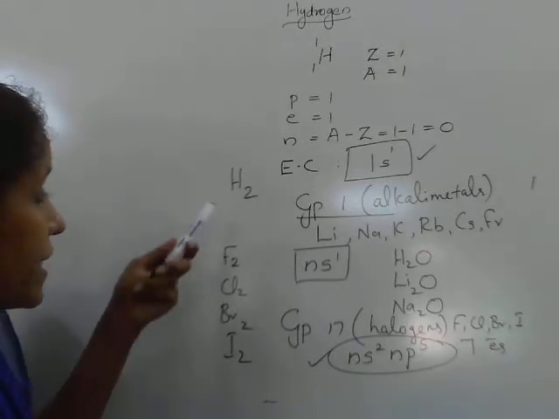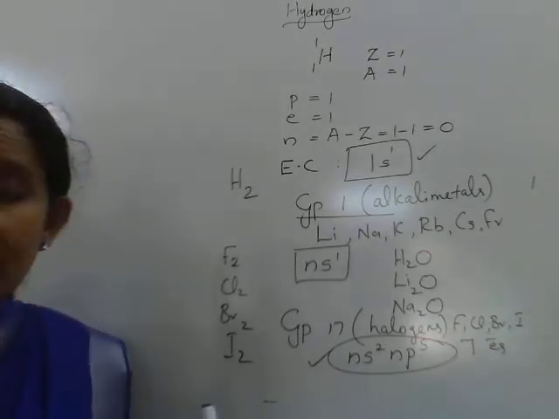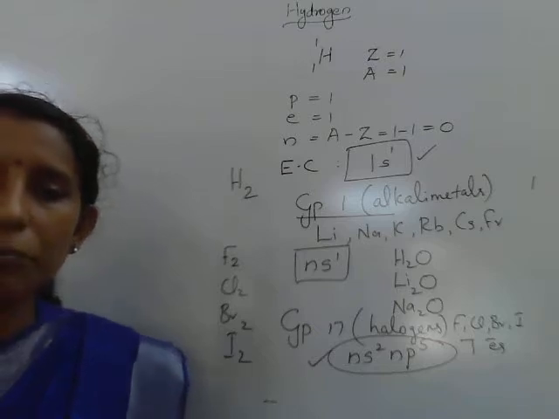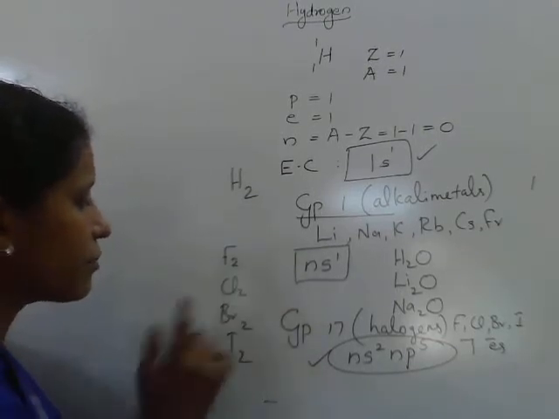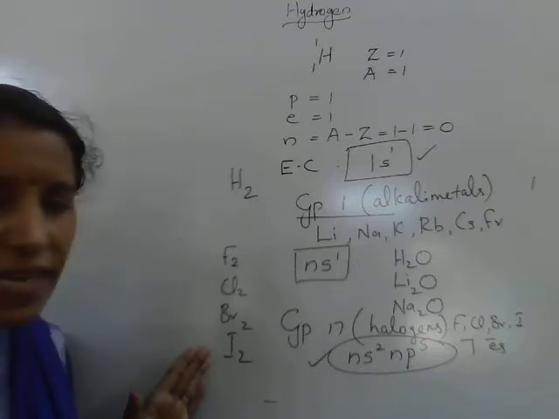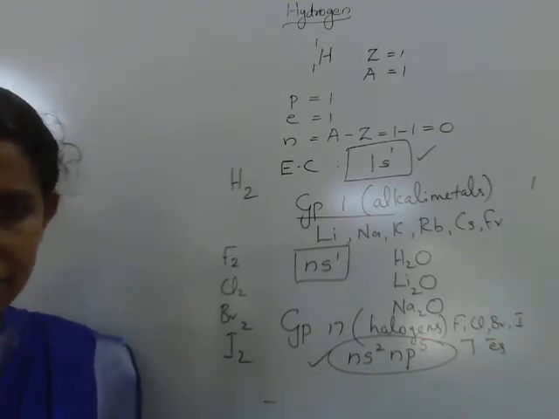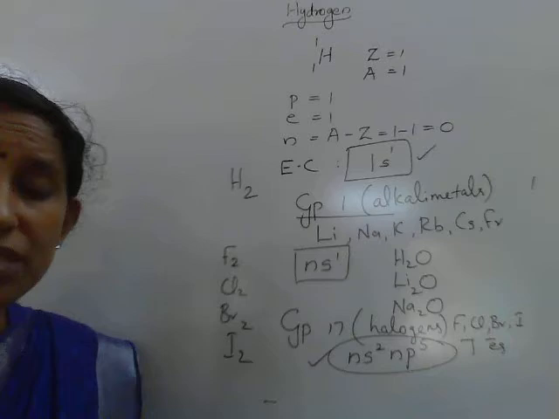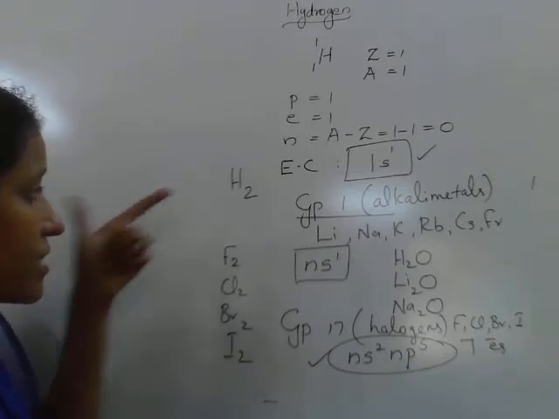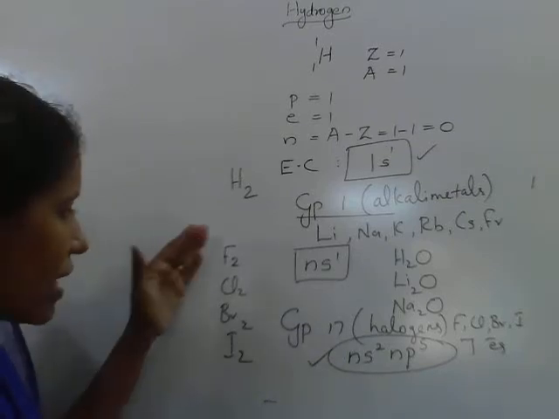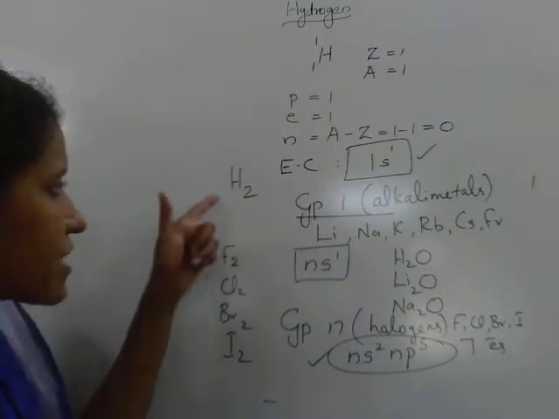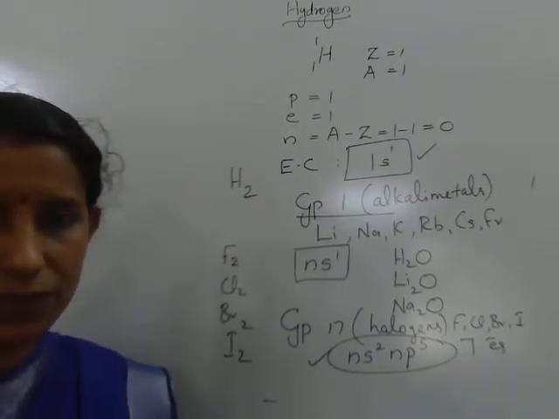And the ionization enthalpy of hydrogen atom and the halogens are comparable. It means the ionization enthalpy of hydrogen is similar to or closer to the ionization enthalpy of halogens. But at the same time, here also hydrogen shows some dissimilarities from halogens. All halogens are very reactive, but hydrogen is not that reactive.